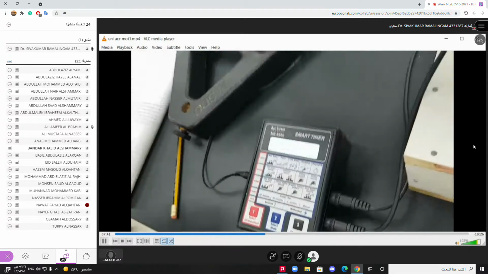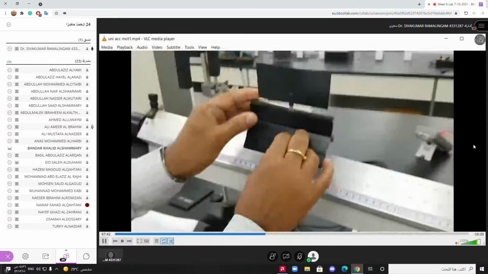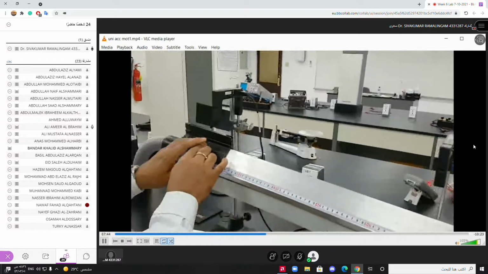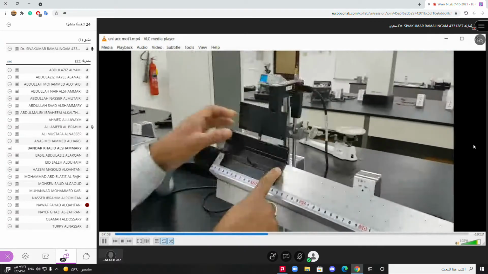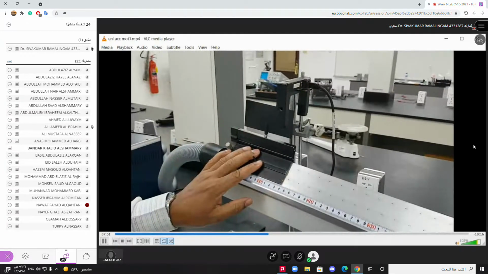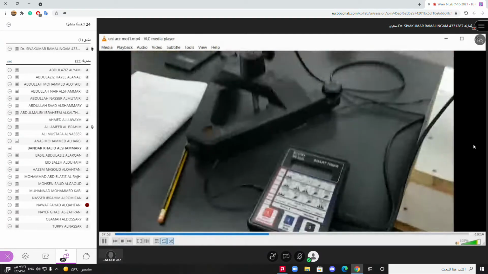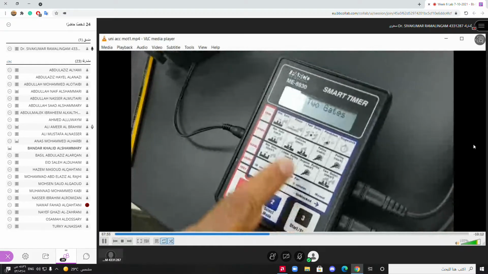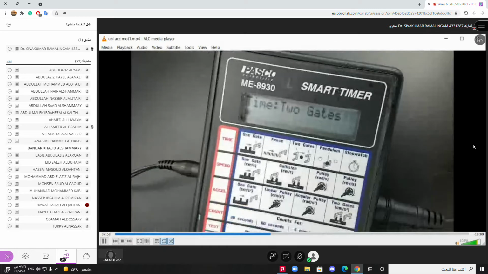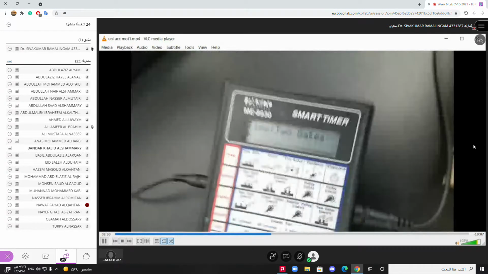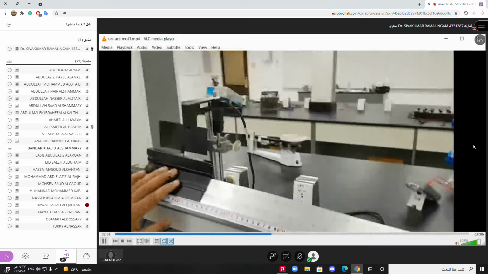X1 is fixed, X2 is fixed. Keep the glider here, it should be touching the left, and then press the start button. Now the start button is pressed. Once everything is ready, just take your hand.